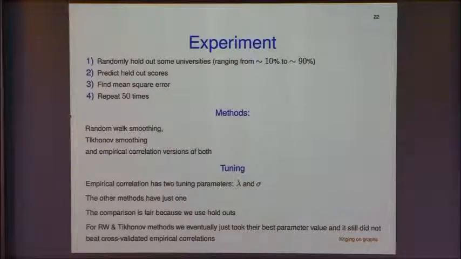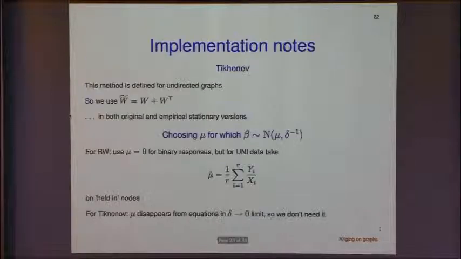We have two tuning parameters, lambda and sigma. Those methods only have one tuning parameter. But if you cross-validate, it's still a fair competition. And in fact, in the end, we found their best value of their tuning parameter. It didn't matter. You could just arg min over the space, and they still didn't do that well.